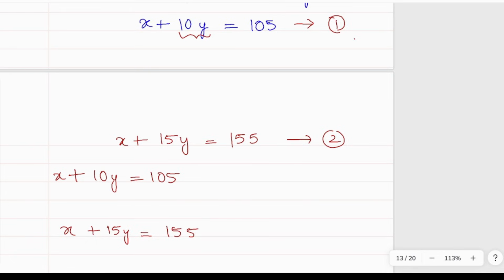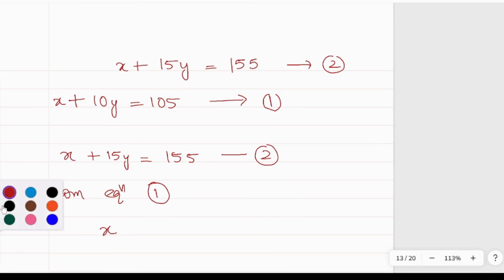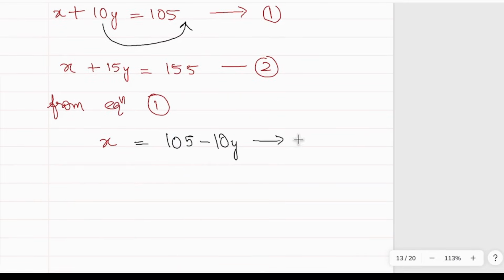So what I will do here is that from equation 1, I am going to find a value for x. From equation 1, x is equal to how much? I will take the 10y to the opposite side, so x will become 105 minus 10y. Clear? This one I'm going to give as equation 3.